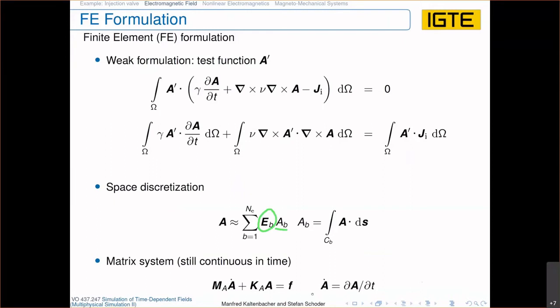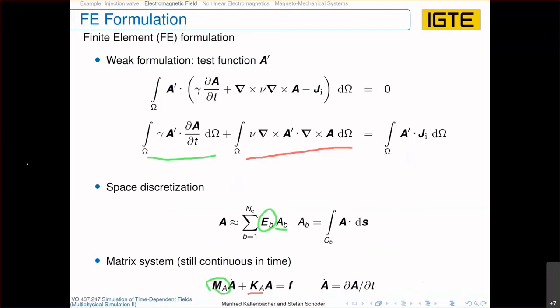And we will have such a system where this is a so-called mass matrix, which we will get out from the first term here, and the second term, called the stiffness matrix for electromagnetics, which we will get out of this term here, is equal to a right-hand side, and the right-hand side is due to some given current.